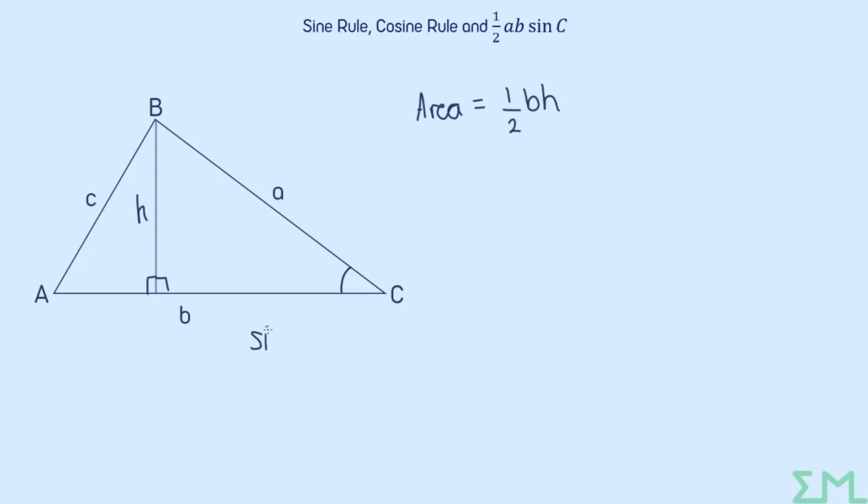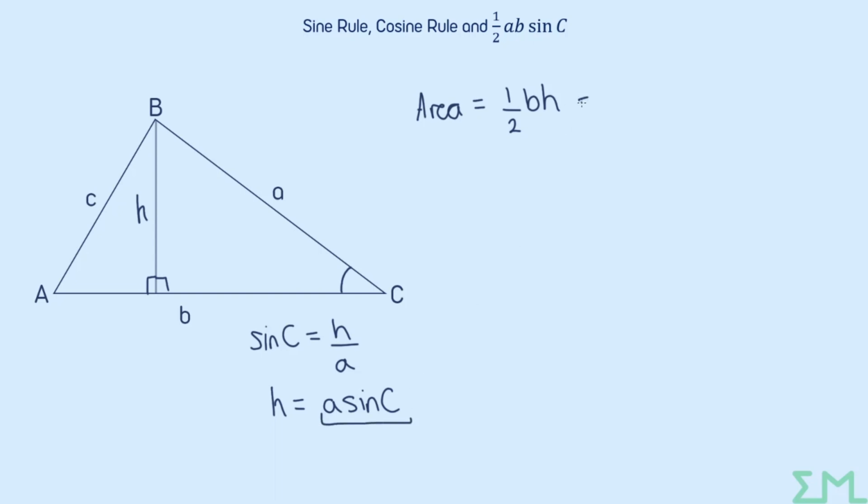So I can write sine C equals h, opposite, over a, our hypotenuse. Okay, I can rearrange this so that I can replace the h in the area formula with a sine C.